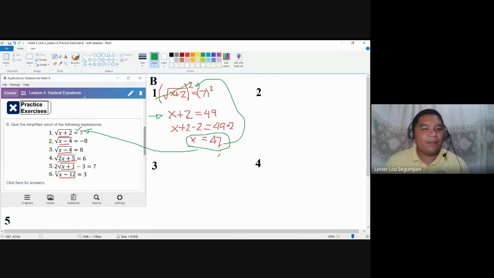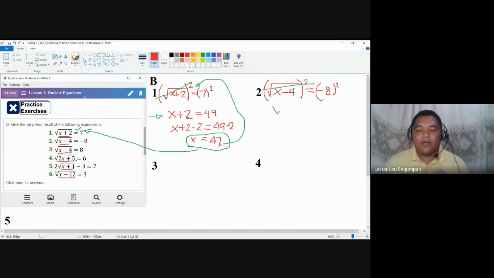So let's apply it in number 2. You have here the square root of x minus 4 is equal to negative 8. Again, do not add 4 to both sides, because 4 here is not an integer outside, but part of the radicand. So what you can do here is square both sides, and then we have removed the radical expression.